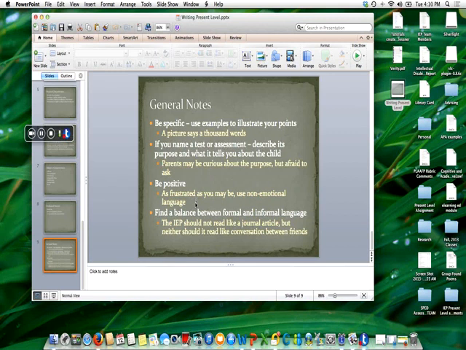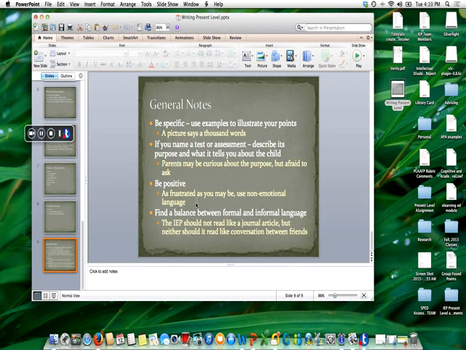We want to be positive, and I guess what I mean by that is put things in a positive but realistic light. And then finally, to find a balance between formal and informal language. I don't want your IEP to read like a journal article or something from a dictionary, but neither should it read like a conversation between friends.